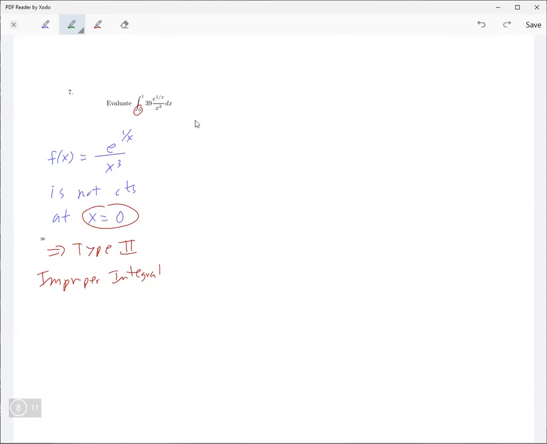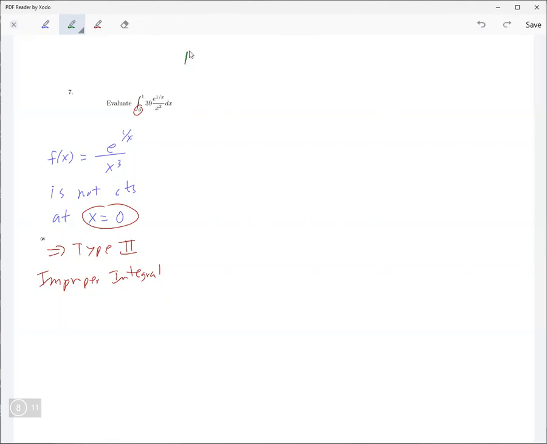Another challenge here is that there's no antiderivative of this.